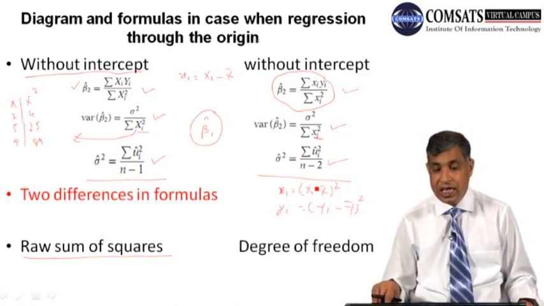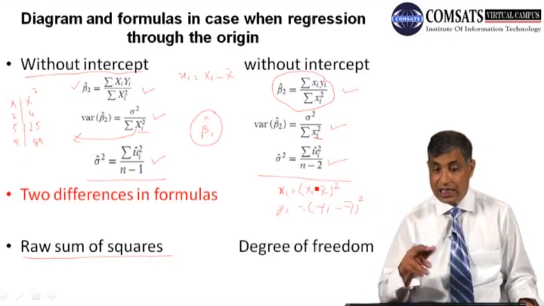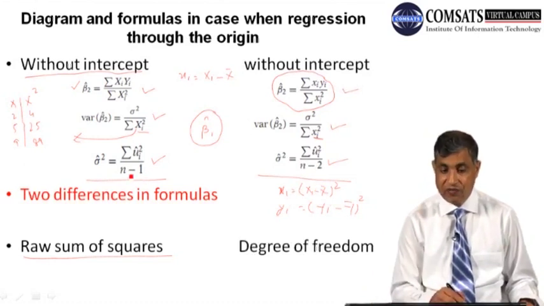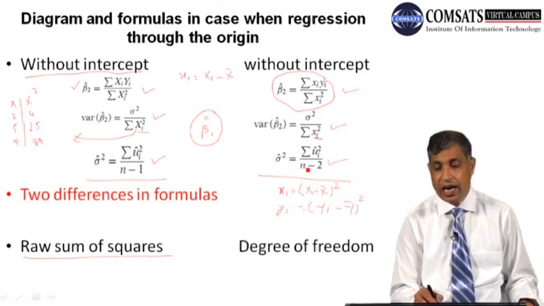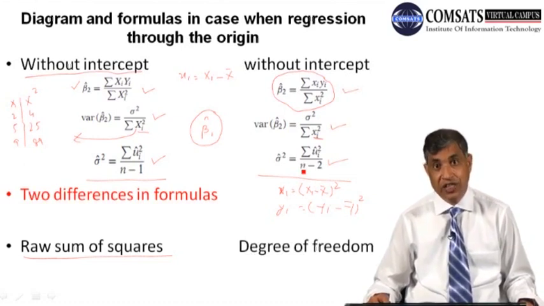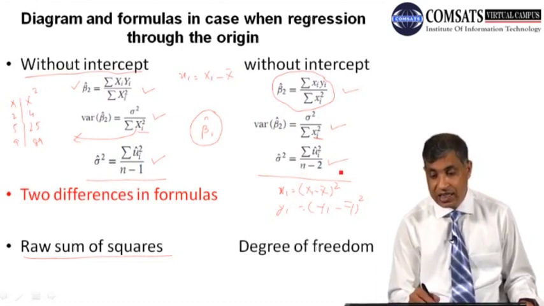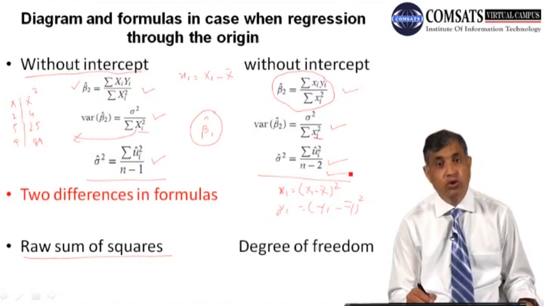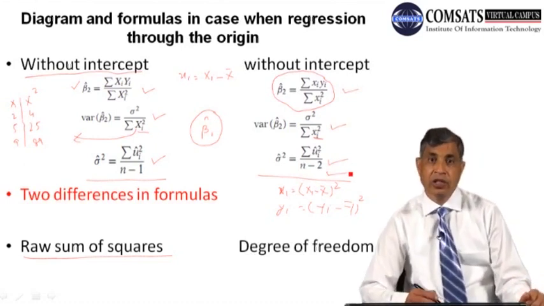The other is degree of freedom. Look at this. I deliberately did not explain why this is n minus 1 and this is n minus 2. I am sure that you know the difference, because this is degree of freedom n minus 2. Why is this n minus 2?